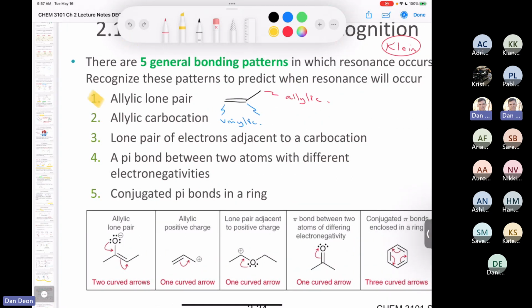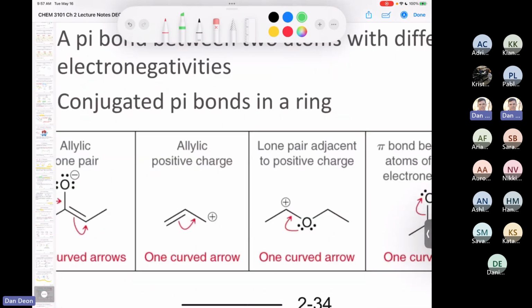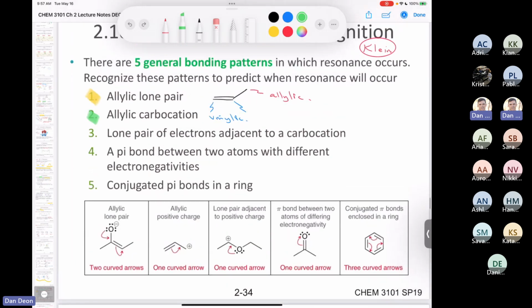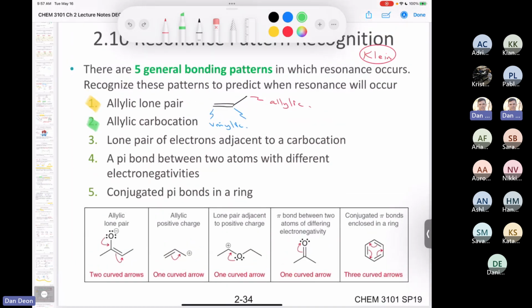The next one is an allylic carbocation. Again, here we have a double bond, and one atom away we have a positive charge, so that's what we call an allylic carbocation. The next one is a lone pair of electrons adjacent to a carbocation.